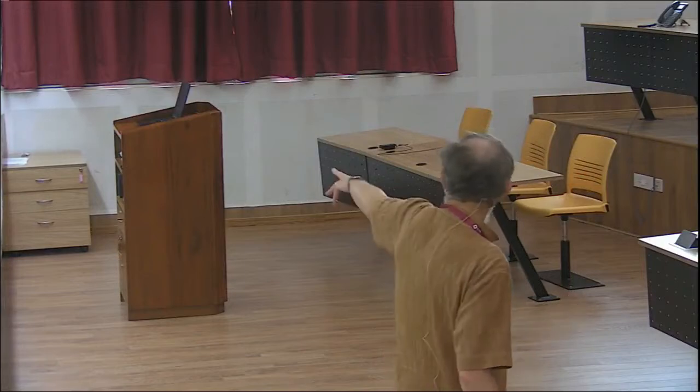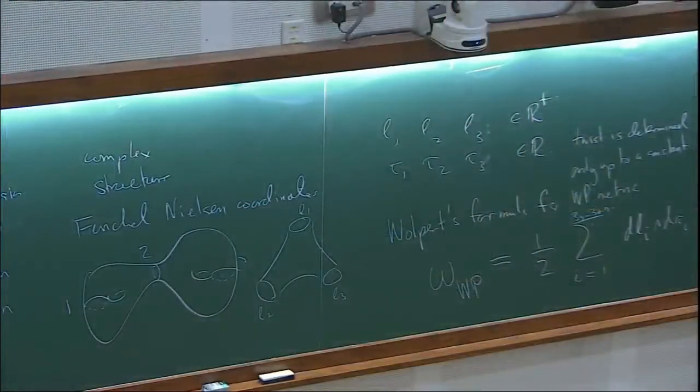Well, no. Part of what Wolpert proved is that this two-form is independent of the choice of pairs of pants. You can imagine how that could come about, that things somehow cancel each other out and you get the same thing whatever pair of pants you take. But I gather that it is not obvious.